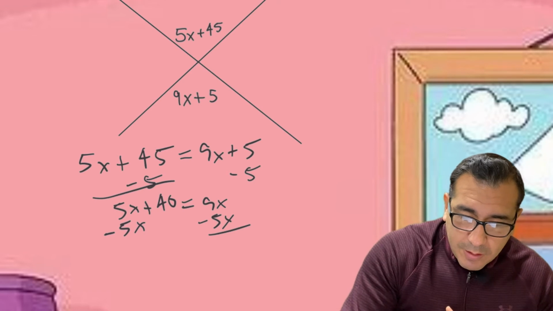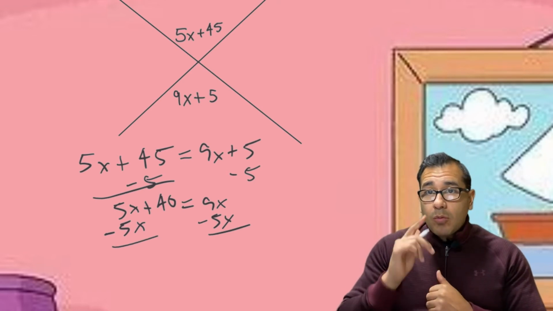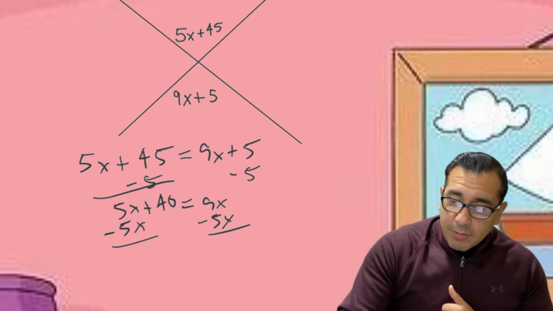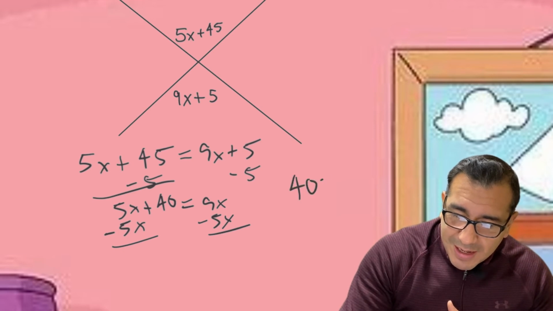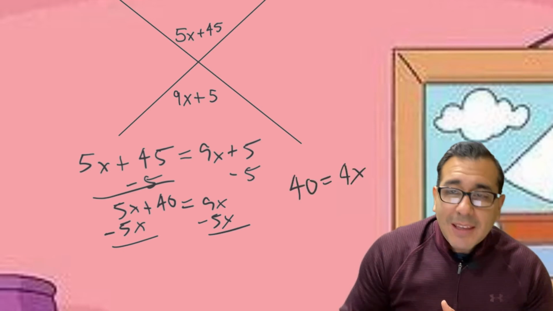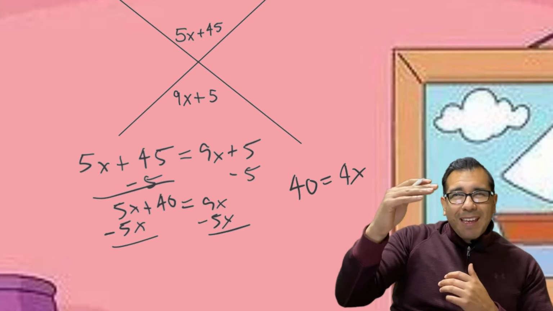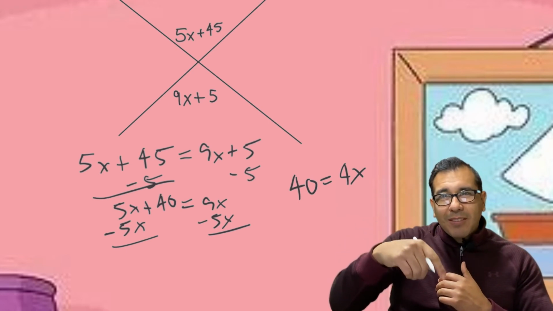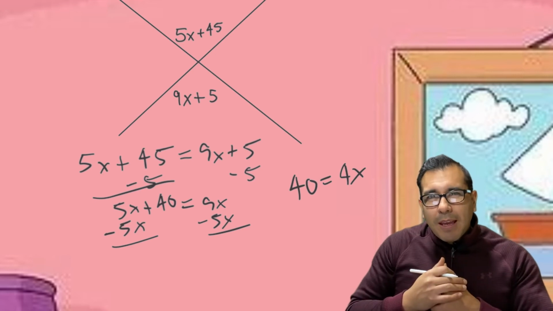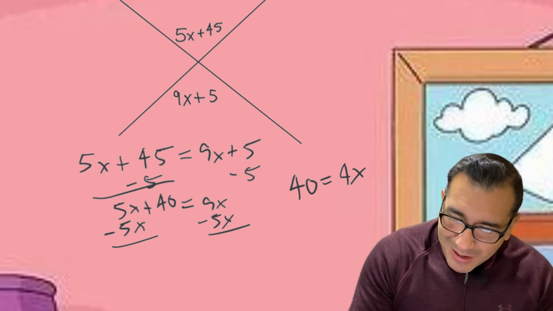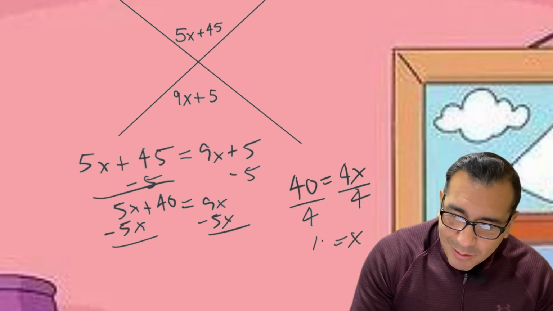Always make sure you slow down and double check your work, because one little mistake and you're through. Don't you hate that? You do a whole page worth of work and then you forget a negative somewhere. Comment down below if that's happened to you. Then divide both sides by 4, and you get x equals 10.